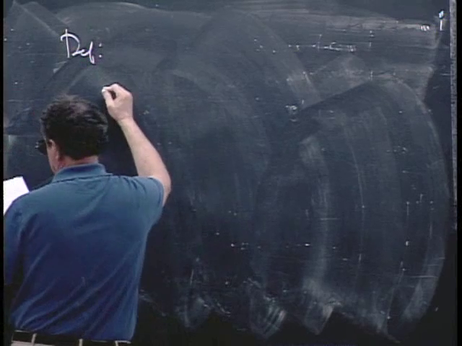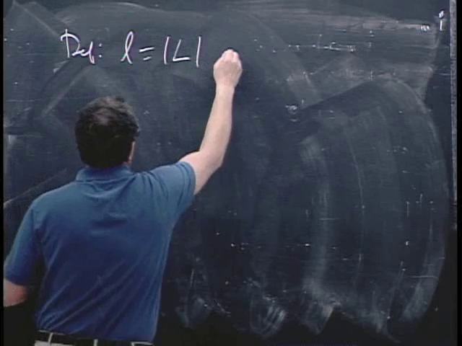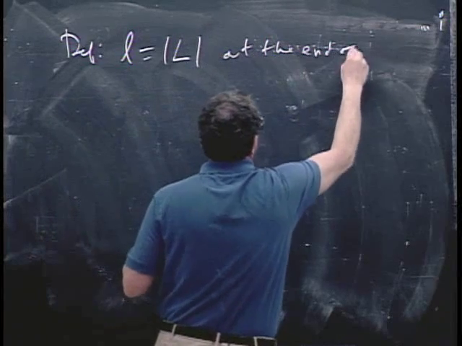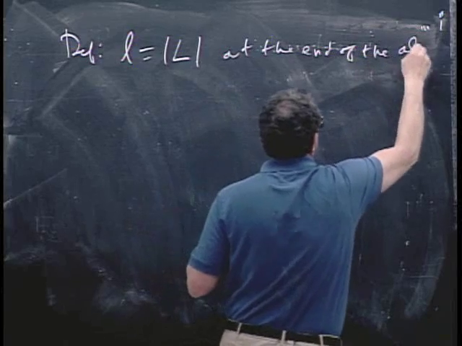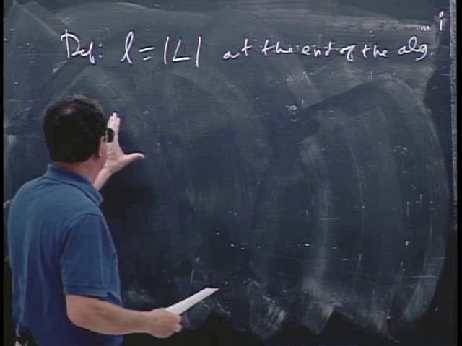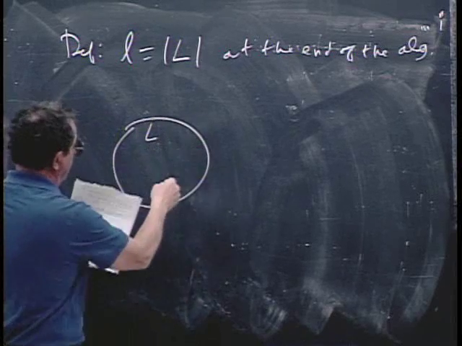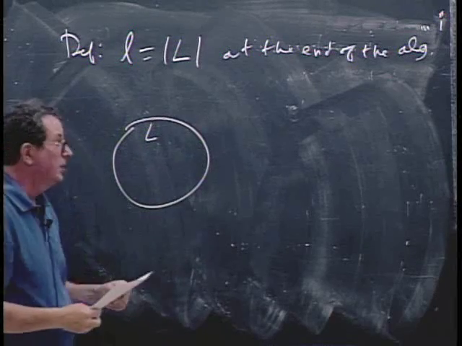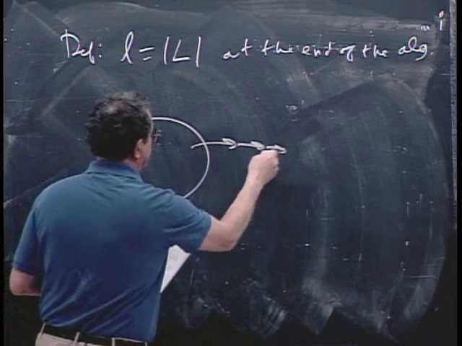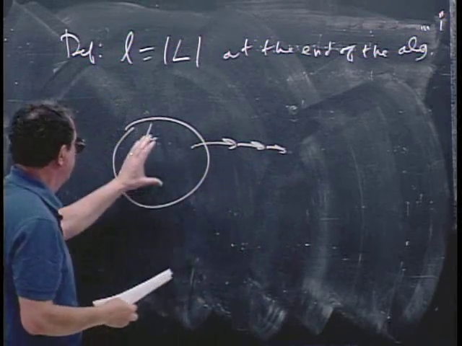Definition: little l is the cardinality of L at the end of the algorithm. Ultimately, the set L is getting smaller and smaller at each iteration of the algorithm, and as long as we can keep finding these paths, we're going to reverse the games, the win-losses along there, and L is going to get smaller.